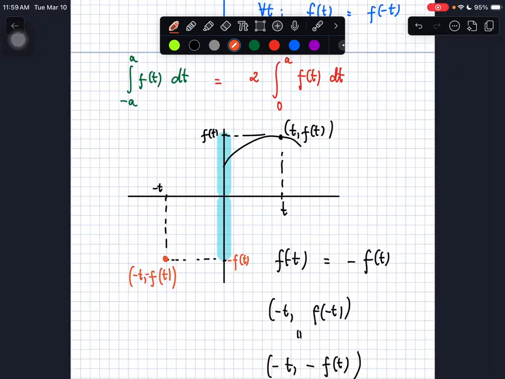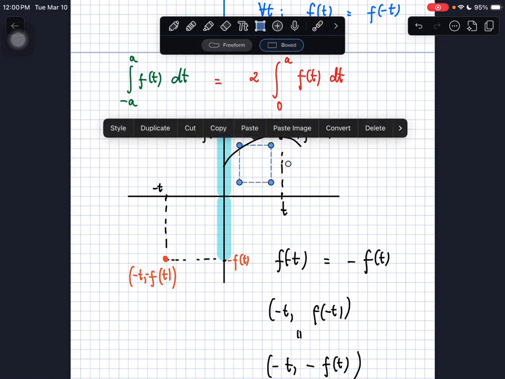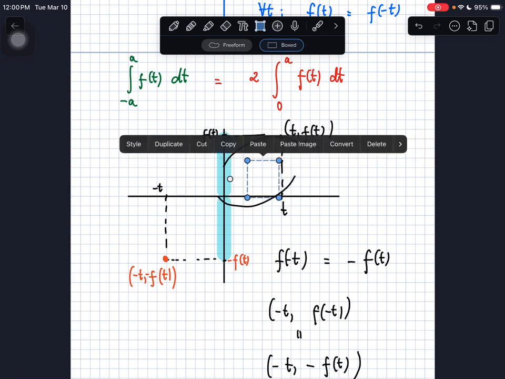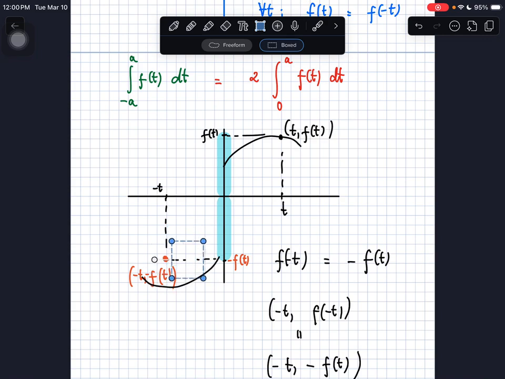So actually the graph of f looks like this. And I bring it somewhere here.